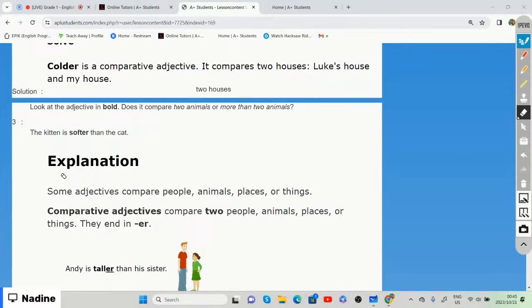If something is soft, then it's soft. If it's softer, then it means that it's more soft. And it compares two animals.